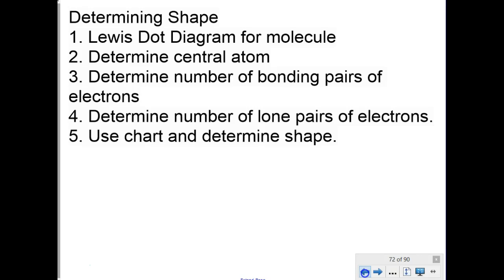Boron is in group 3A. It gets 3 valence electrons. Hydrogen is in group 1A. It gets 1 valence electron.